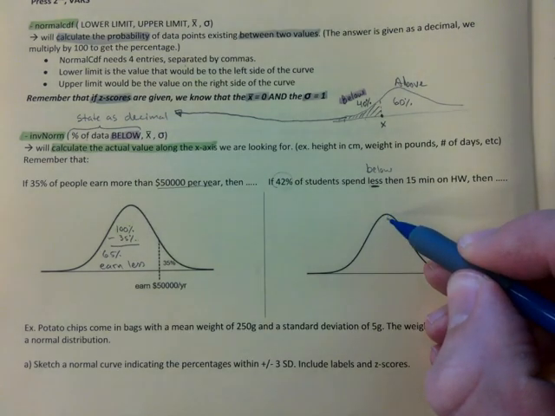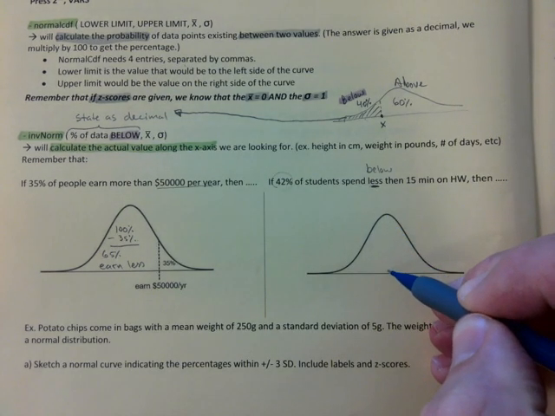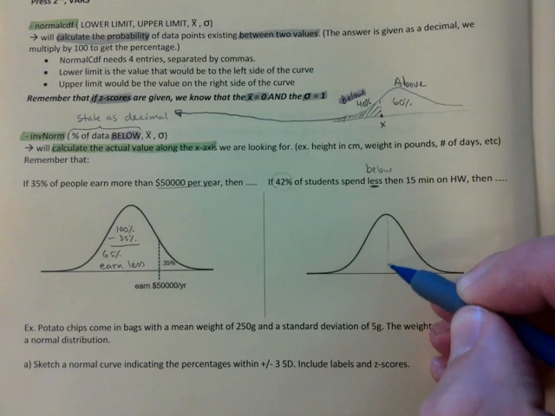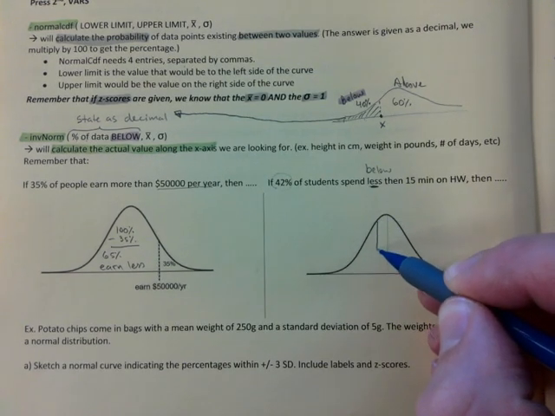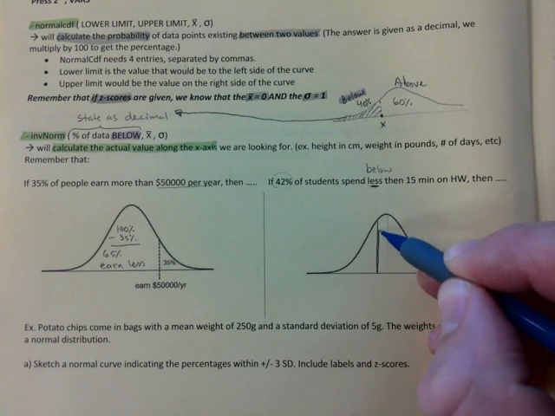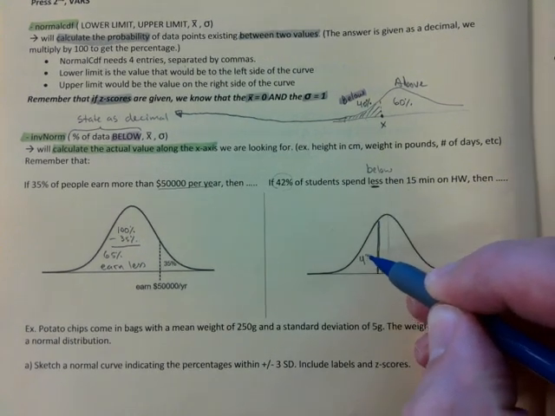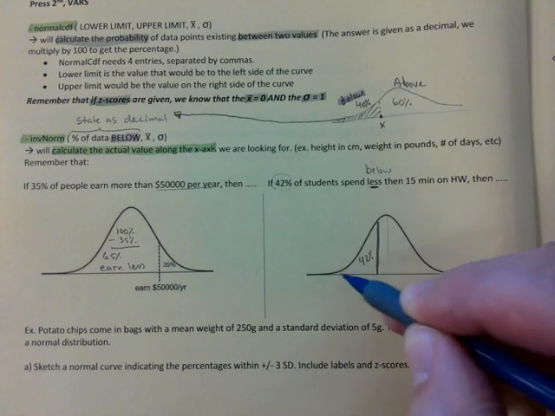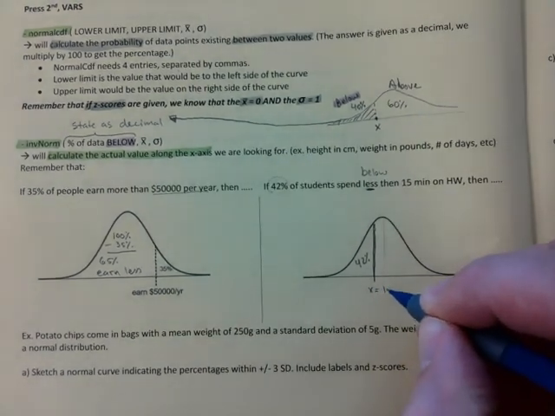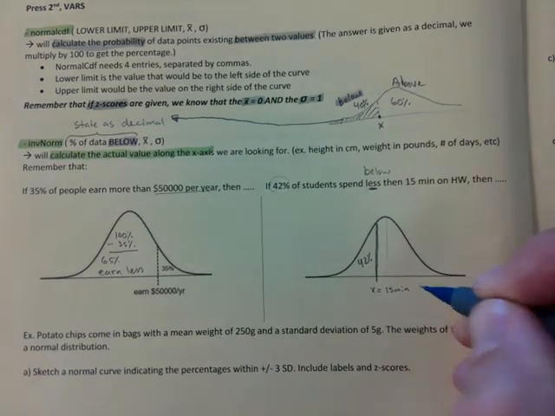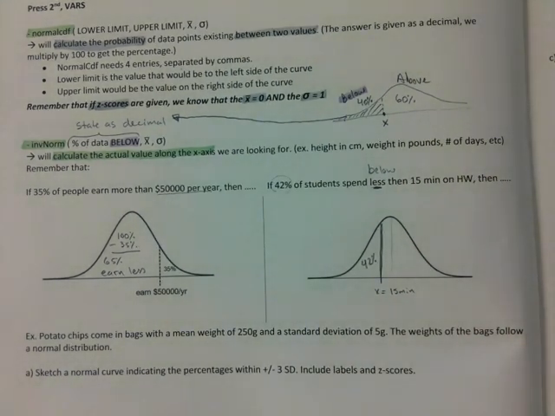You kind of want to have a sense that the middle of the curve would be 50. This would be 50, 50. So 42 would be about right there, right? That is saying that 42% would be spending less, and this would obviously be our value that we are interested in, which is 15 minutes. In this case, I gave you that, but in the future, we will not know that. Okay, we'll try to figure that out.